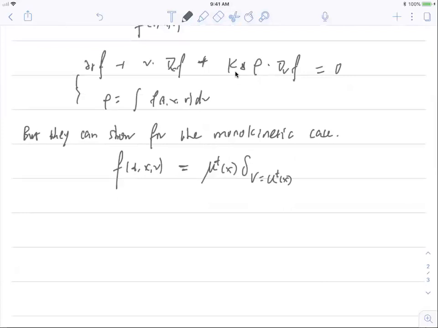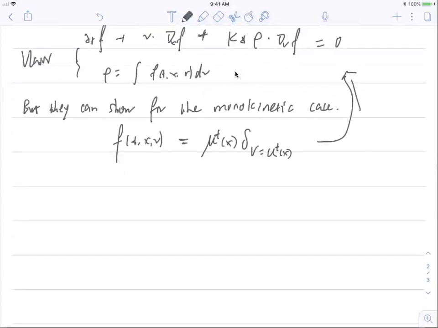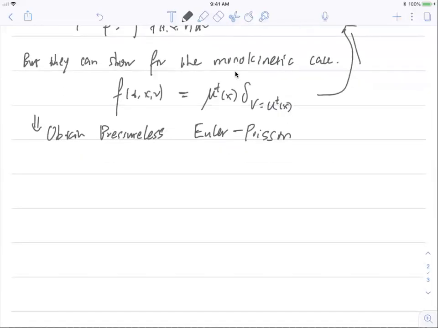If you insert this ansatz into the Vlasov equation, you will get pressureless Euler-Poisson. So you will obtain the pressureless Euler-Poisson system, which reads the following.